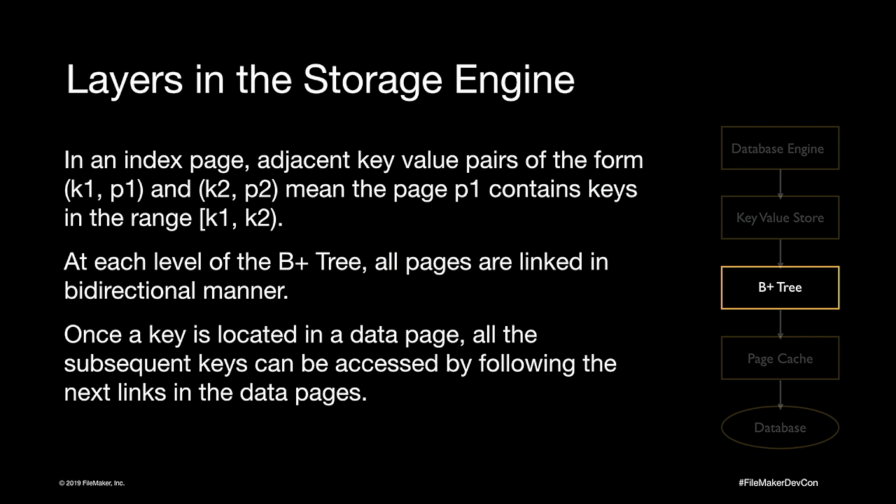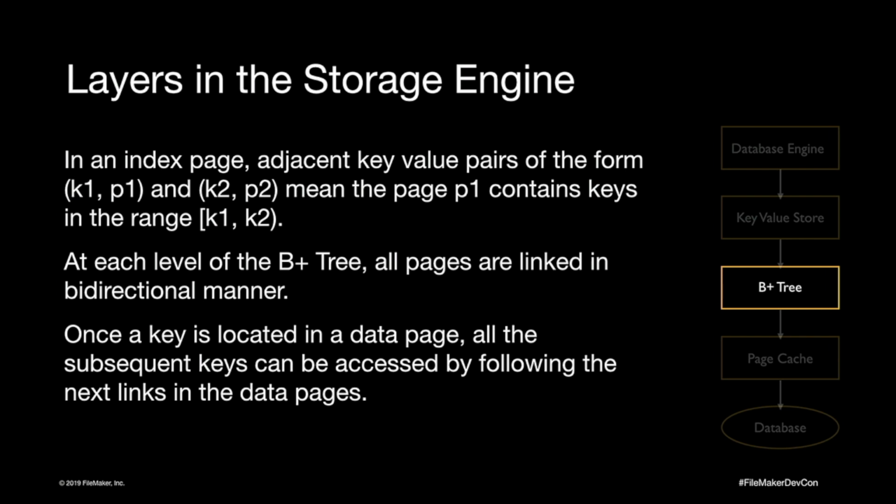Now a very brief idea of how you search for a particular key in a B+tree. In the index page, as I said before, you have a range of key value pairs in order. If you look at 2 adjacent entries in the index page, they tell you which page number to look in for the particular key.